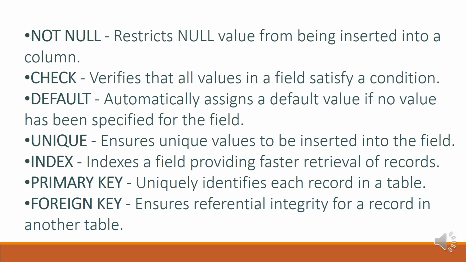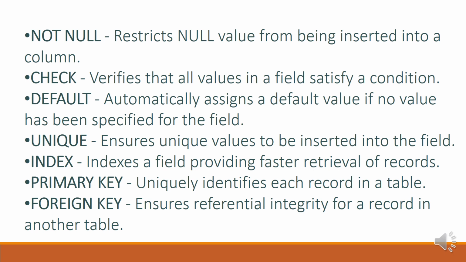Not null restricts null values from being inserted into the column. Check constraint verifies that all values in a field satisfy a condition. Default automatically assigns a default value if no value has been specified for a field.